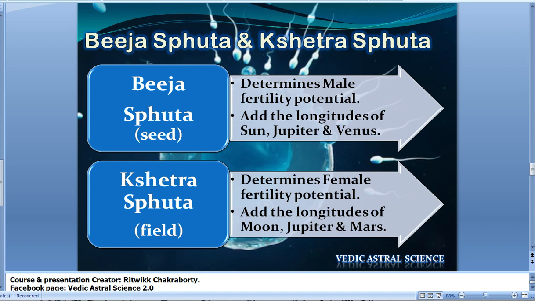And Kshetra Sphuta determines the female fertility potential. You need to add up the longitudes of Moon, Jupiter and Mars. This is for female. Let us move to the next slide to understand the Beeja Sphuta concept in depth.